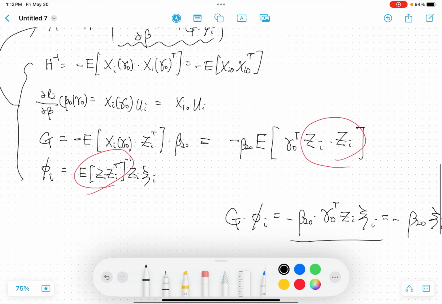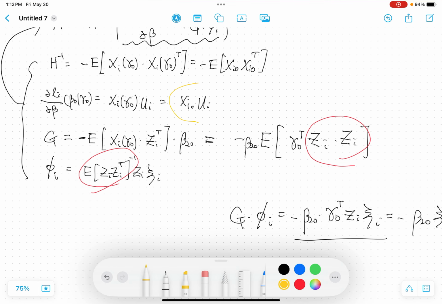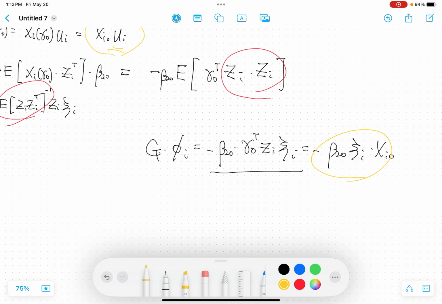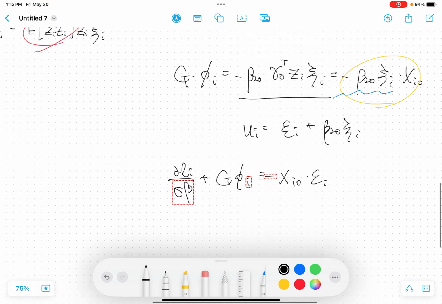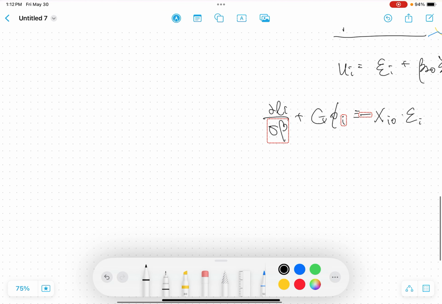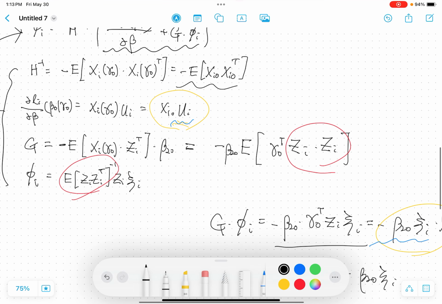So that means now if you add this and this, u minus, remember u was epsilon plus beta 2 0 psi I. So when you subtract this from u, you will get xi minus xi0 times epsilon I. Okay, and then in the end we get psi I as h inverse times minus xi0 epsilon I, but h inverse was this.